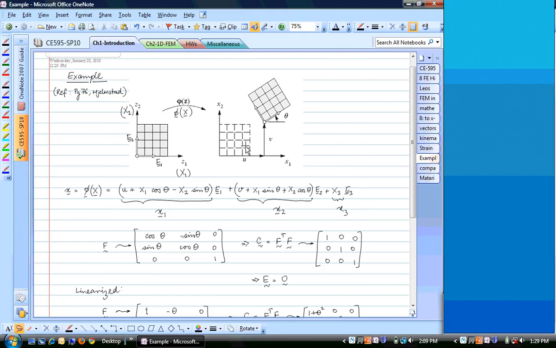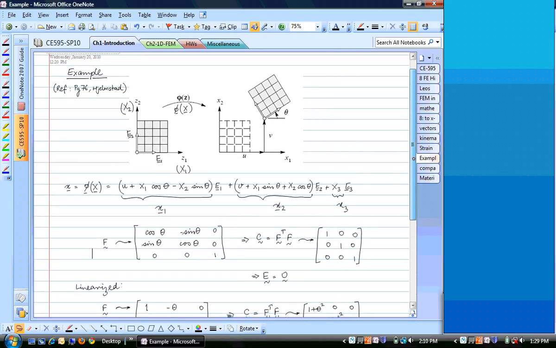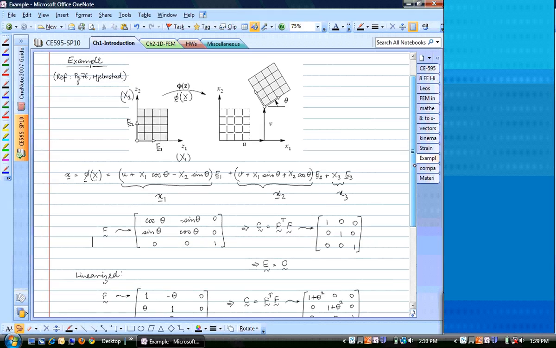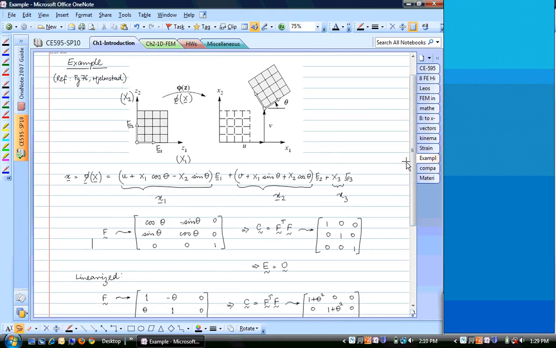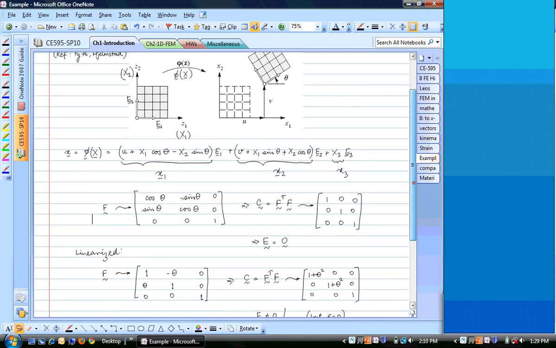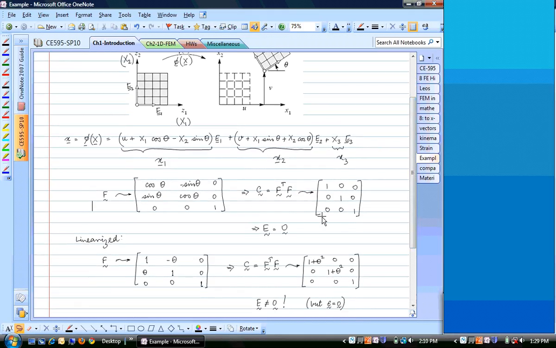Now we know that this map is representing a pure rigid body rotation, okay? So if we try to calculate the stresses, calculate the strains, then we should not get any strain. The strain that we get should be equal to 0. So using this definition of F, we can also take F transpose F. This was the Green deformation tensor, and that, if you calculate, turns out to be identity.